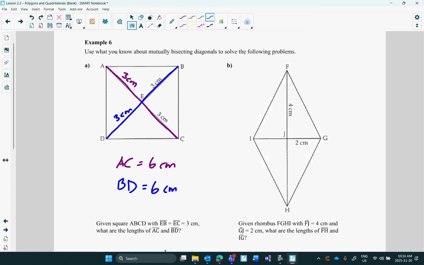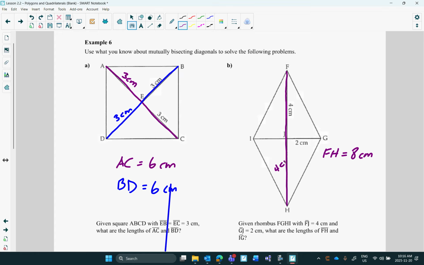This one is actually, if you sort of tilt your head, a rhombus. But the way that it's oriented, it looks almost like a kite. We're told that this is 4 and this is 2. What's the length of FH? 8. Because if this is 4, we know the diagonals split each other into equal segments.